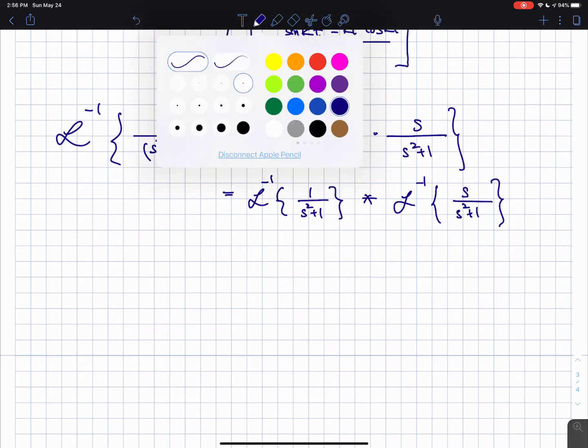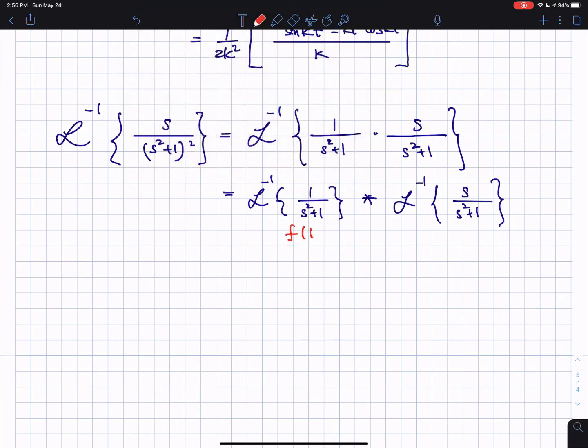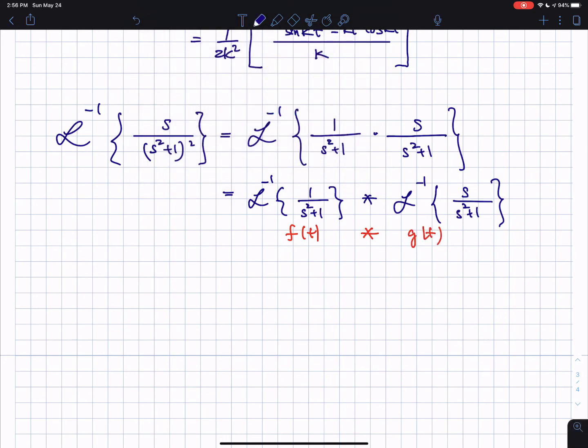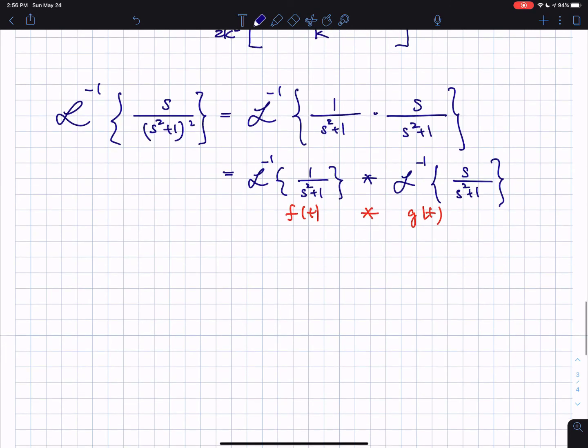So this is basically f of t convolved with g of t. Now what's the Laplace inverse of 1 over (s squared plus 1)? That's just sine of t. And the Laplace inverse of s over (s squared plus 1) is cosine of t. And now I'm being asked to find the convolution of sine of t and cosine of t.